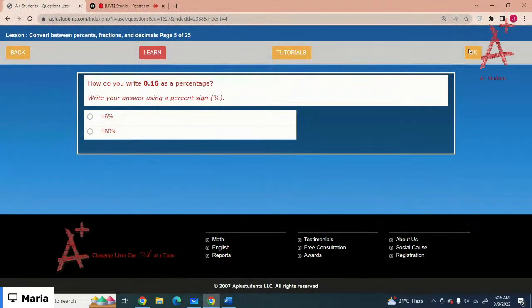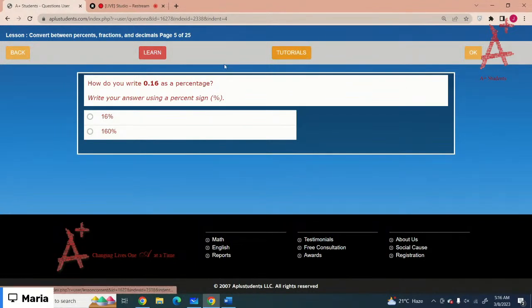Okay, how do you write 0.16 as a percentage? So, which is the correct option? It is 16%.